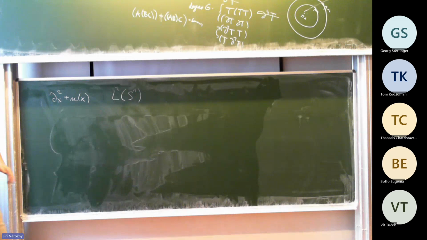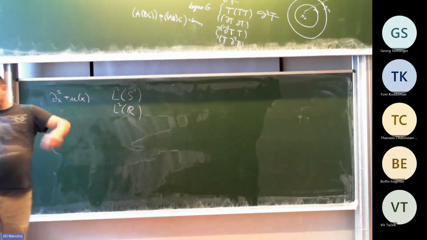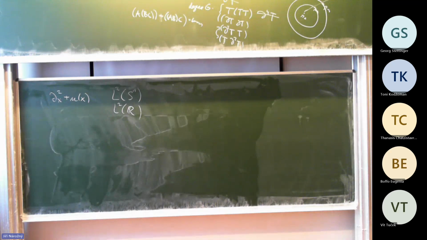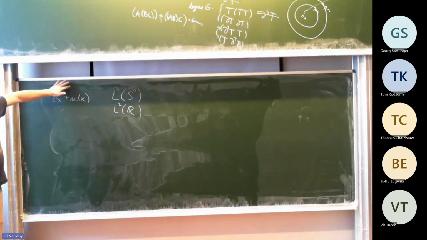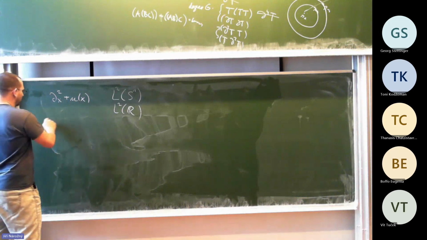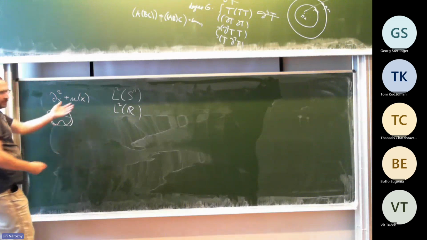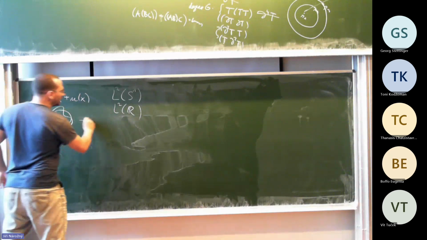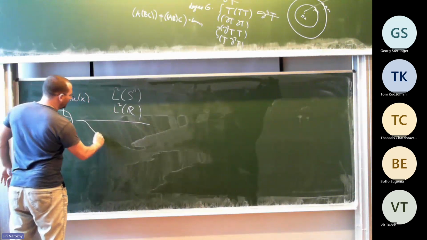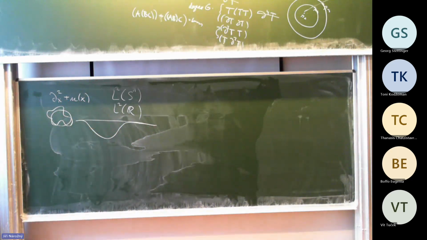You can study it also on the real line, imposing some decay conditions at infinity, and you can study the functional analysis of the second order differential operator with some fixed potential. So this could be just some periodic functions on the circle, or you could study it on the infinite line, and you could study some nice physical potential.